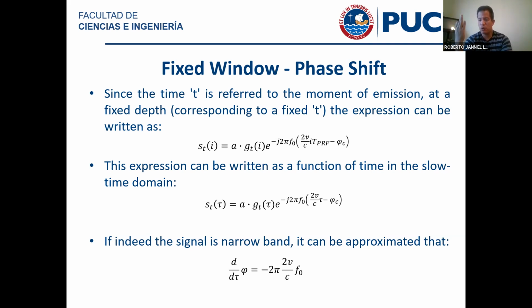You know c and you know f naught. The only thing that you don't know is v. So if somebody were to tell you the differential with respect to tau of phi, where phi is the phase of the signal, then you could directly get v.